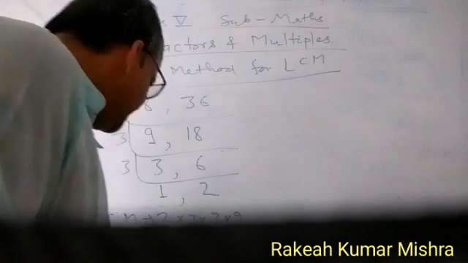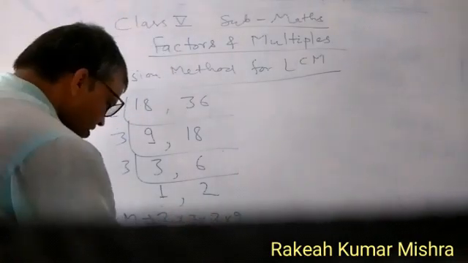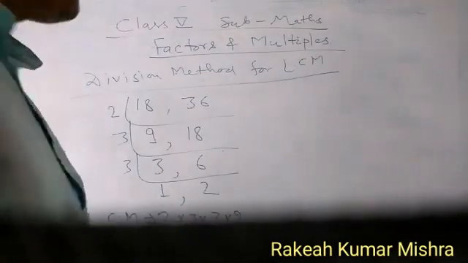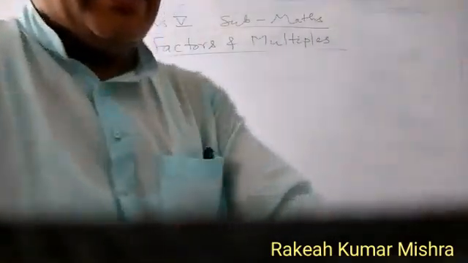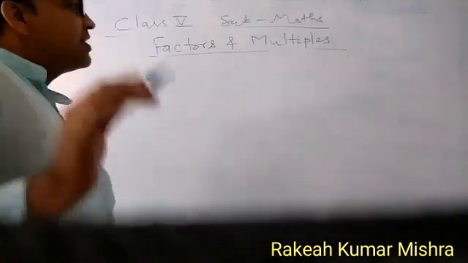So we will write 18 into 2, which is 36. This is the LCM of 18 and 36. I think the prime factorization method and division method for finding HCF and LCM is clear.